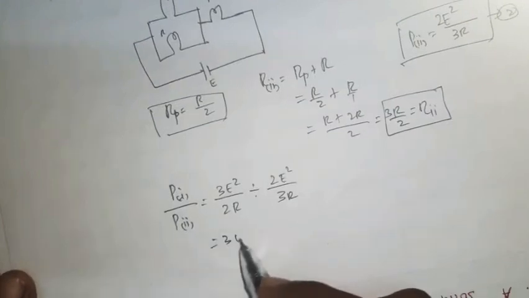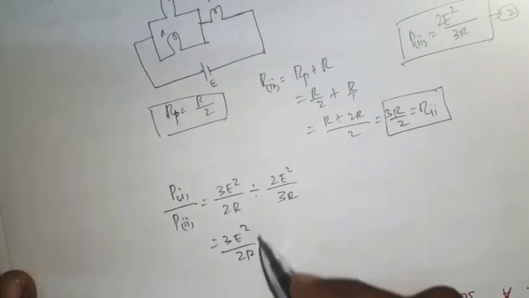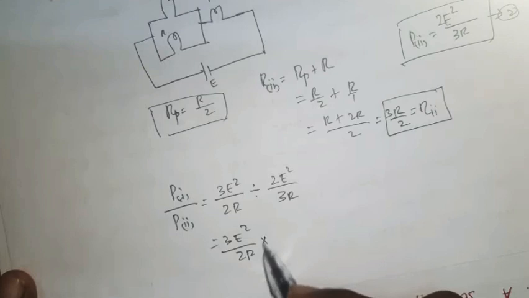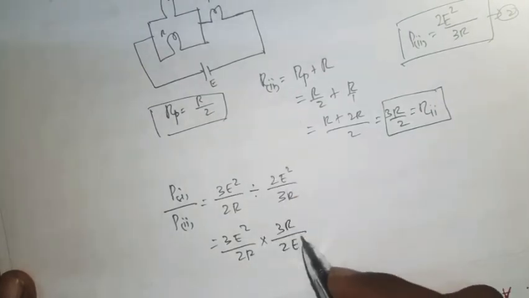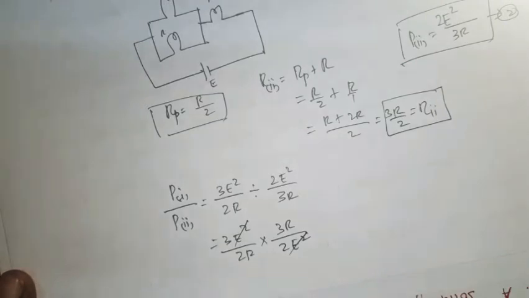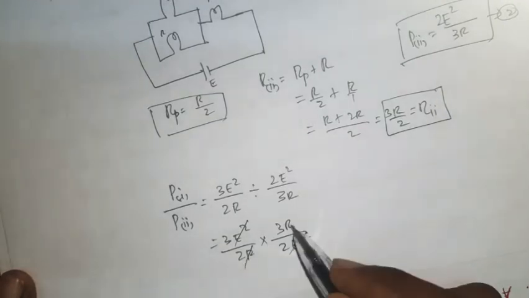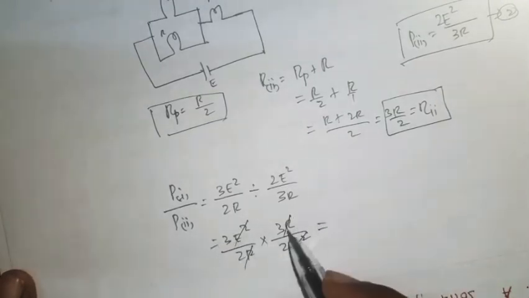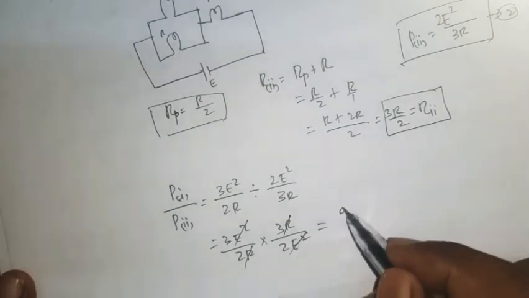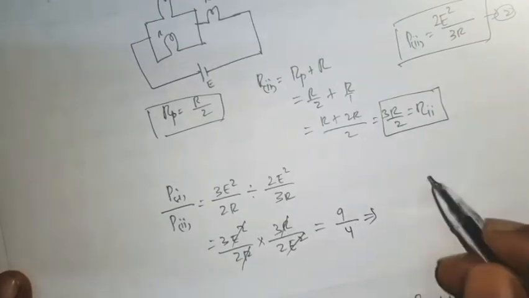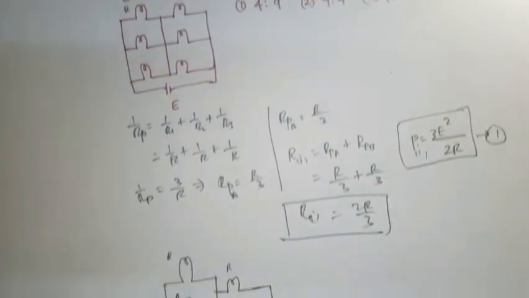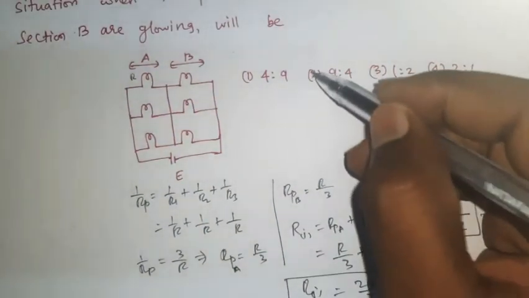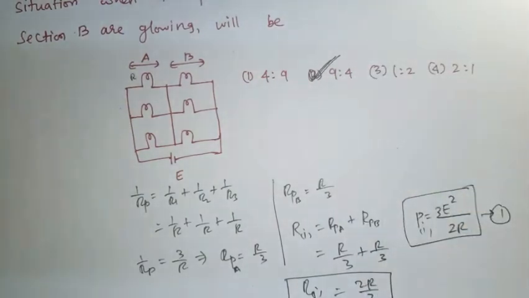Division becomes multiplication, then take the reciprocal: 3E squared by 2R times 3R by 2E squared. E squared cancels and R cancels. So 3 squared is 9, 2 squared is 4. So 9/4, which you can write as 9:4. According to the options, the second one is the right answer, 9:4.